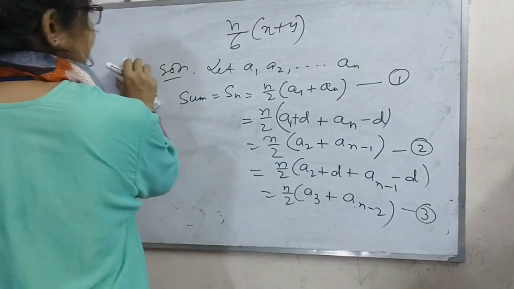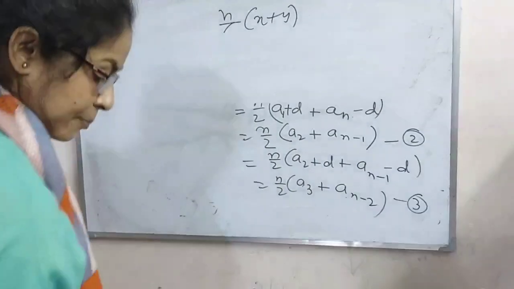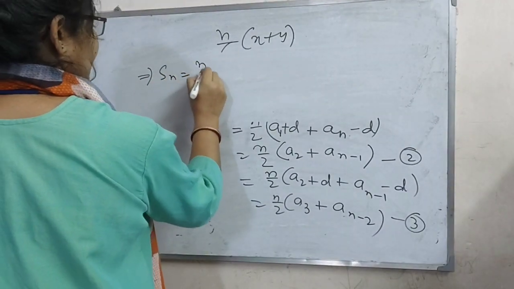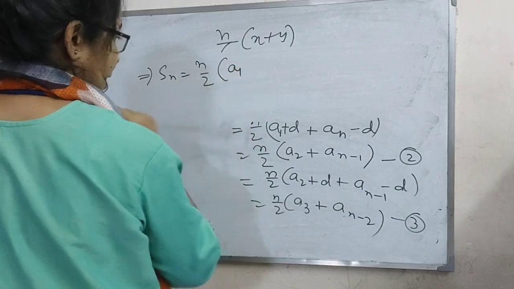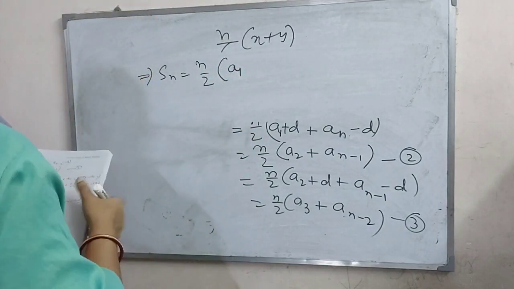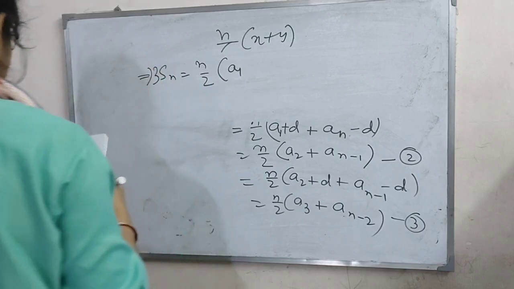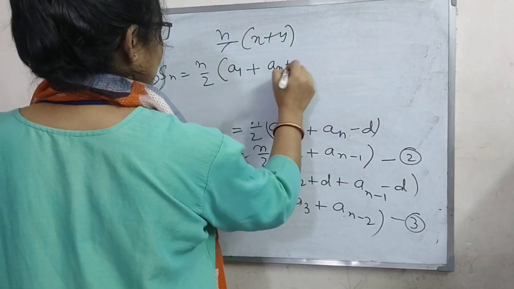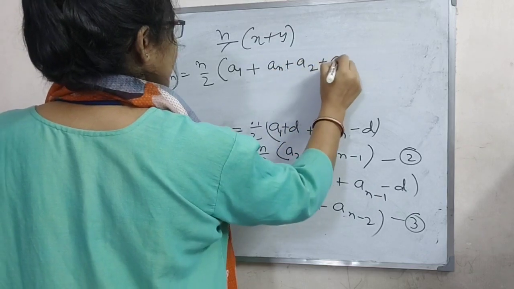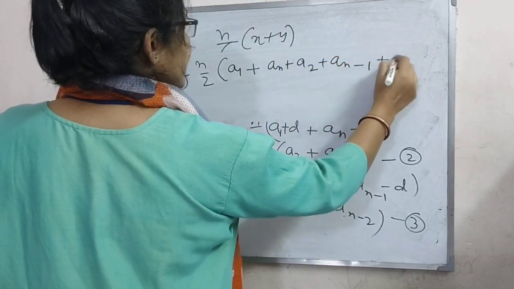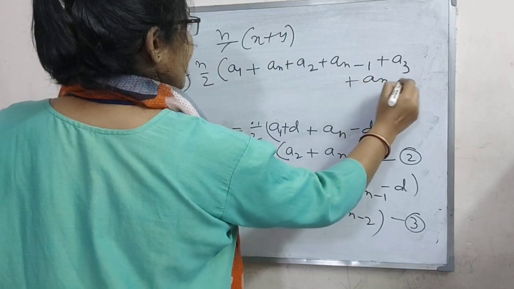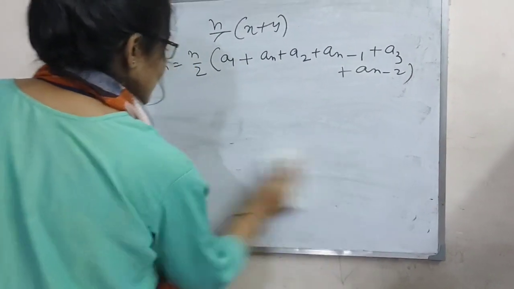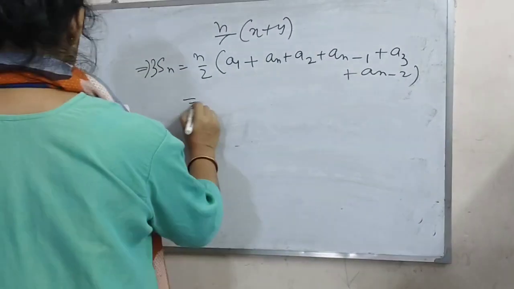We add the 3 expressions, that means 3 Sn equals n by 2 into a1 plus an plus a2 plus an minus 1 plus a3 plus an minus 2.